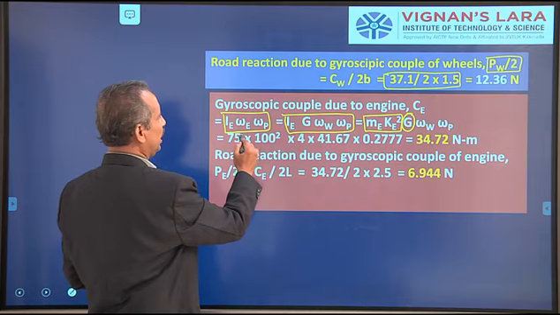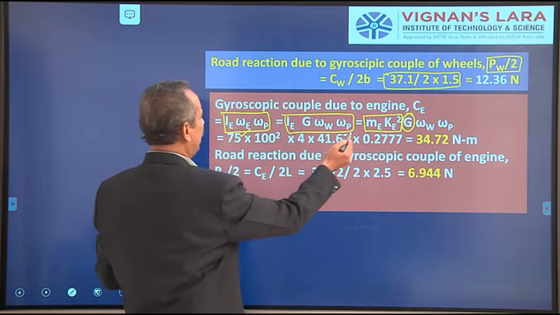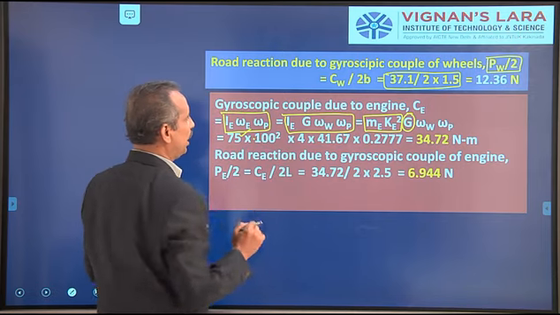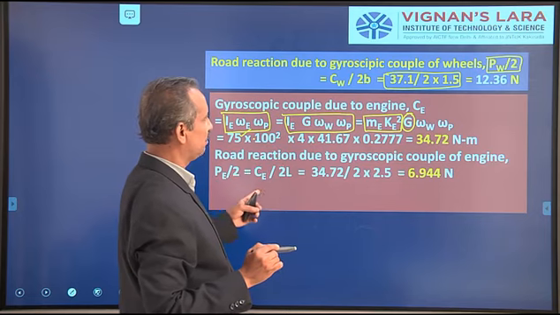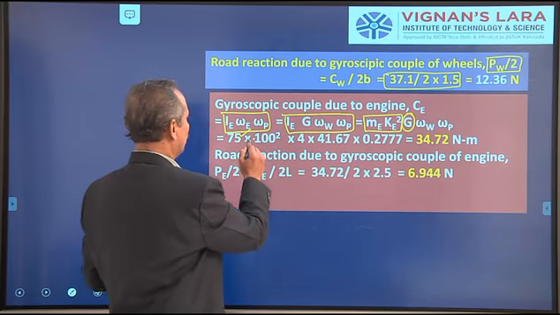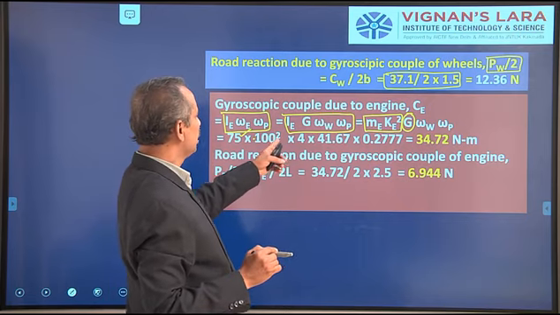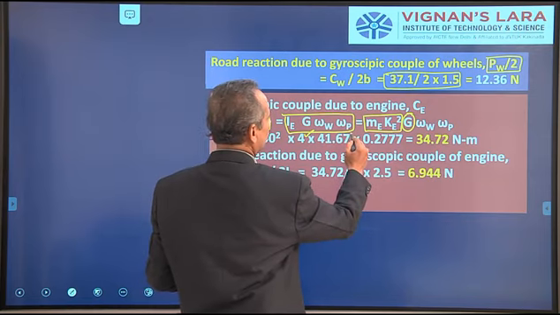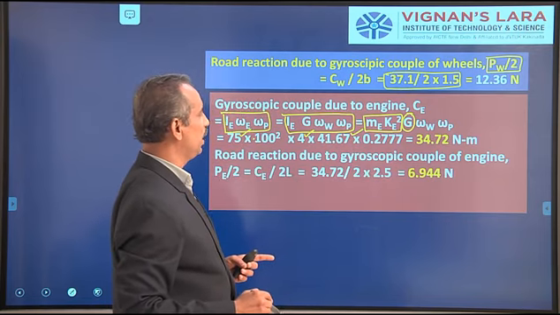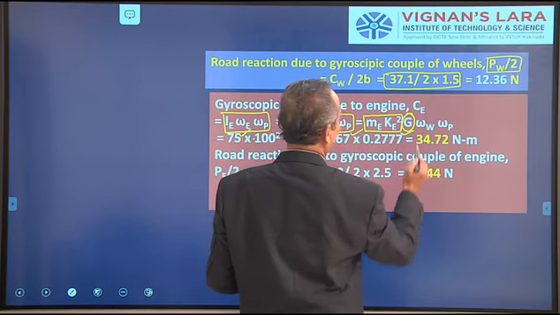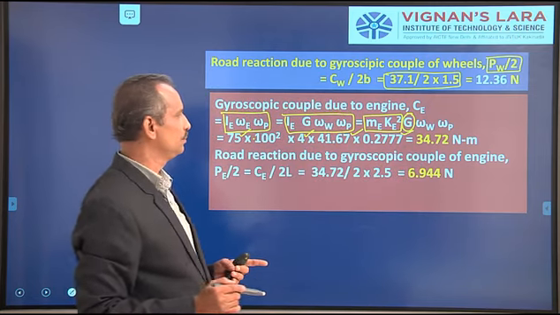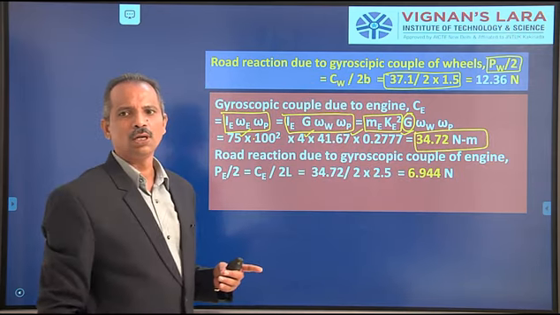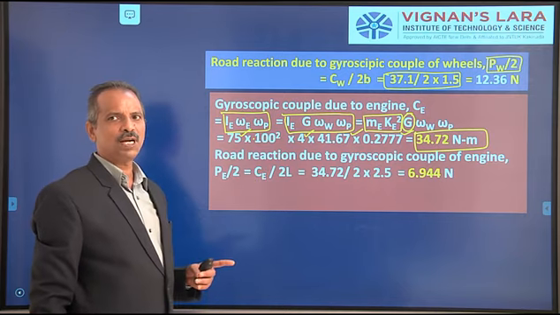So mass of the engine is 75 kg, and kE is 0.1, not 100 mm as he has given, so that is in meters, 0.1 squared. Then gear ratio 4, omega W, which we just calculated as 41.67, and omega p, which we also calculated, 0.277. So finally I get the gyroscopic couple due to engine as 34.72.